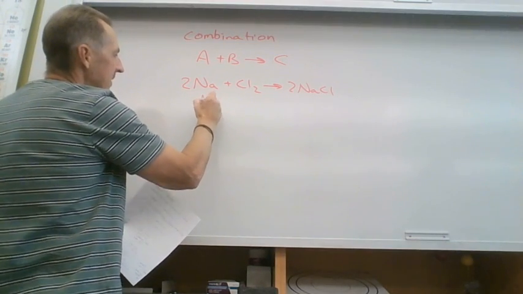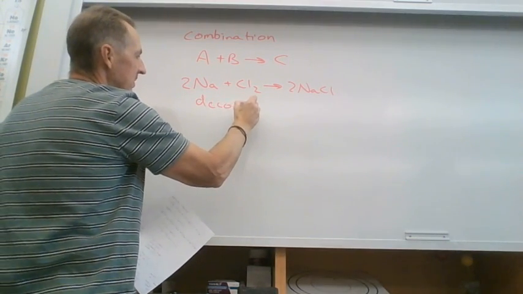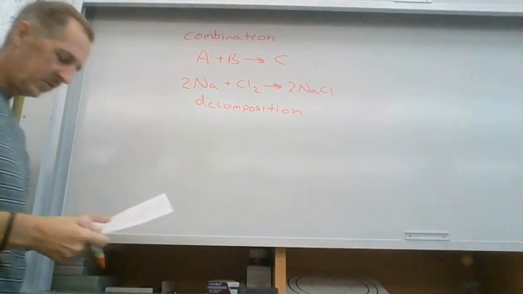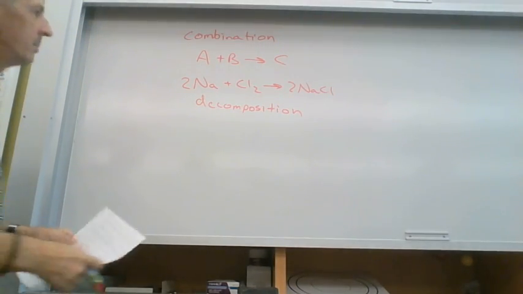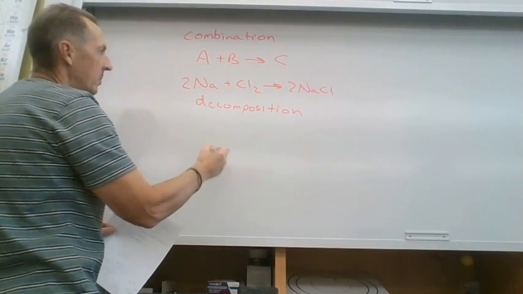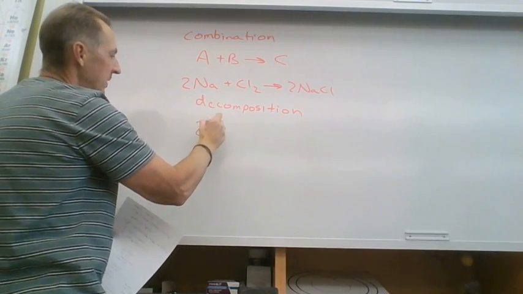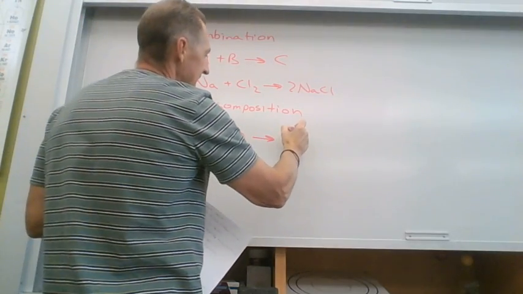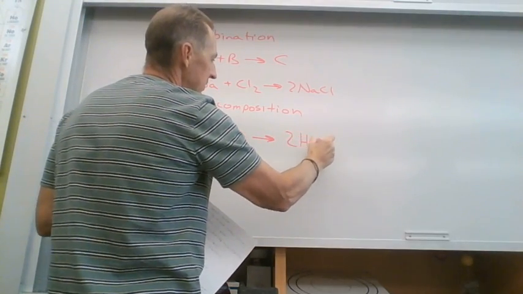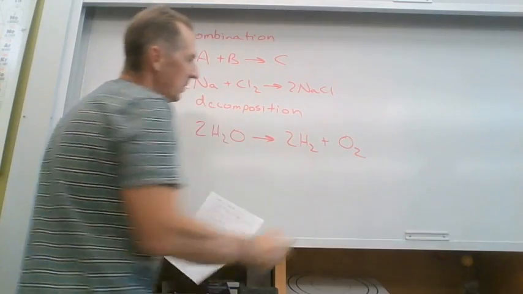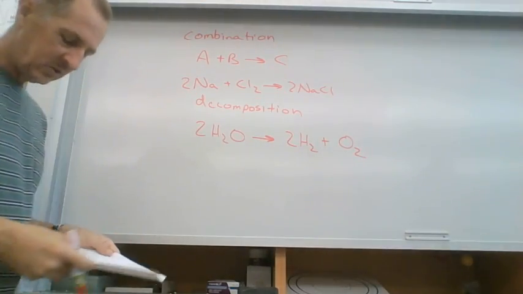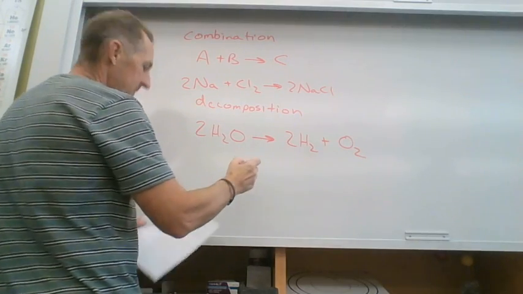The kind of opposite of that is what's called a decomposition reaction. And in a decomposition reaction, you're taking something larger and making it into something smaller or more elemental. So if we took our water example that we just balanced, and we got 2 H2 plus O2, we're taking a water molecule and breaking it down into elemental hydrogen and oxygen.